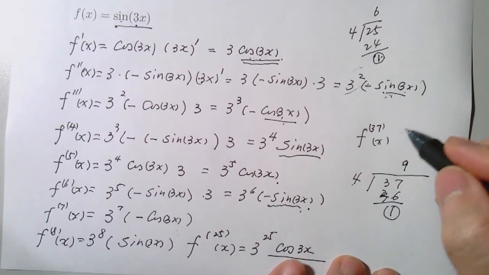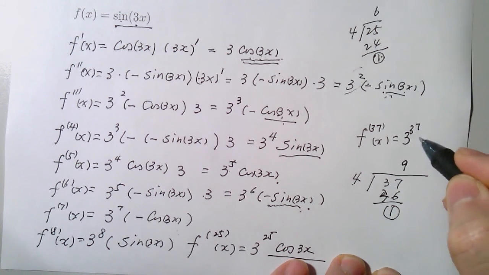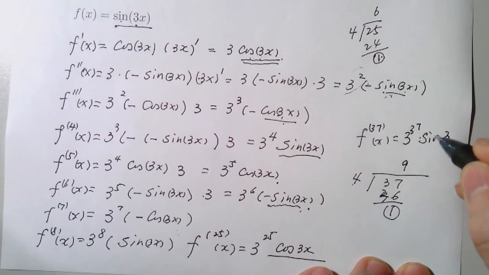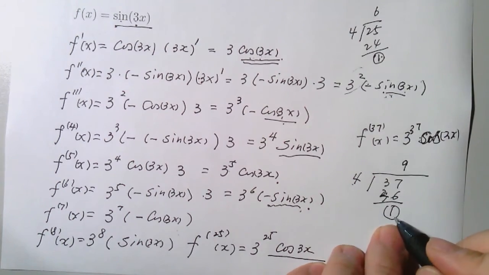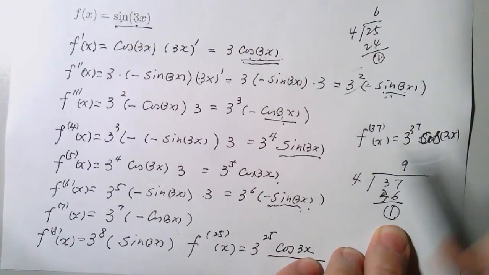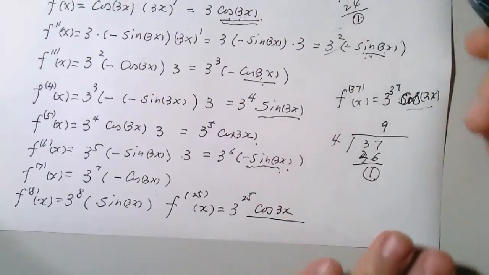So that gives us 3 raised to 37 times cosine 3x, because the remainder is 1, so it is just like the first derivative trig function, which is cosine 3x.